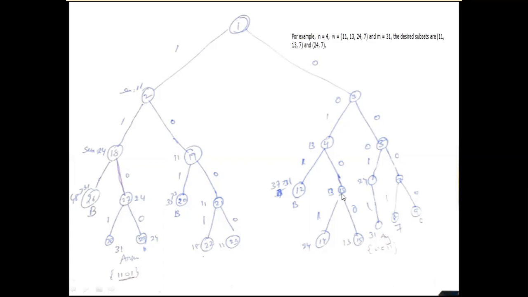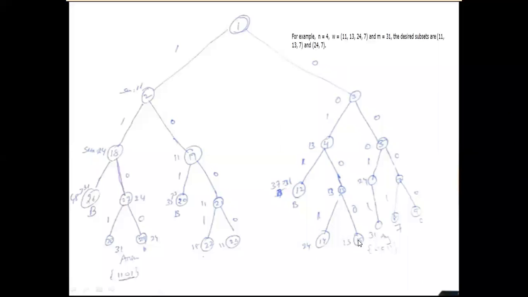So the 13th node is expanded further, with the fourth element not included in the sum. That is the 15th node, which represents that we are including only the second element in the sum, because x1 equal to 0, x2 equal to 1, x3 equal to 0, x4 equal to 0.